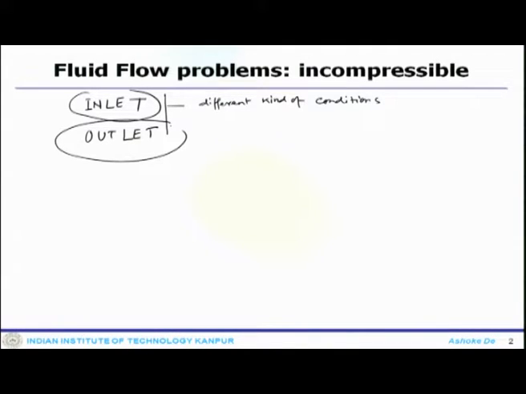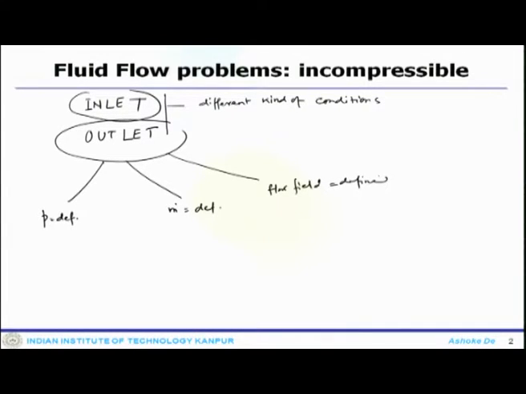The outlet boundary condition could also be of different types, in the sense that it could be static pressure defined, it could be mass flow rate defined, or it could be flow field defined.